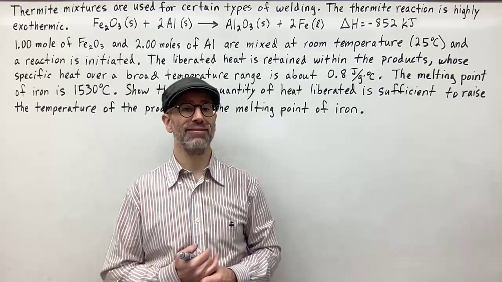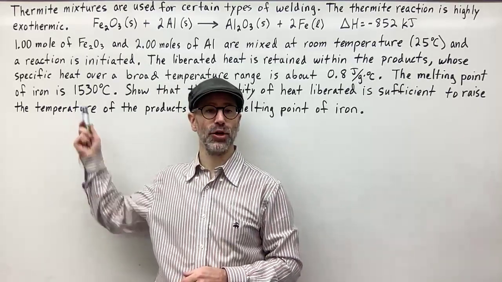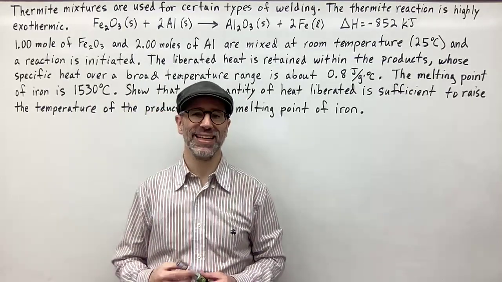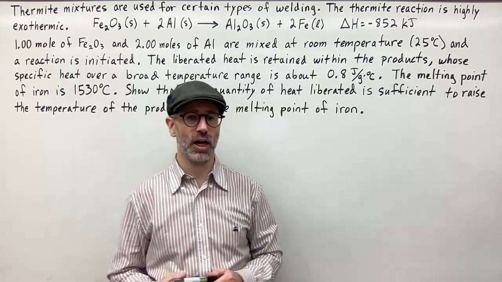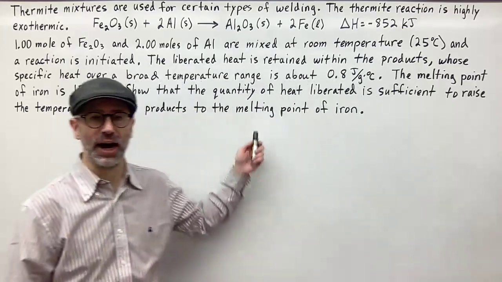The melting point of iron is 1530 degrees Celsius. Show that the quantity of heat liberated is sufficient to raise the temperature of the products to the melting point of iron.